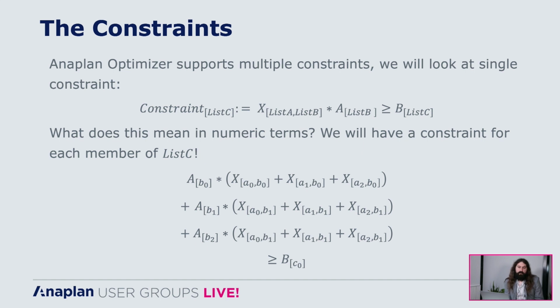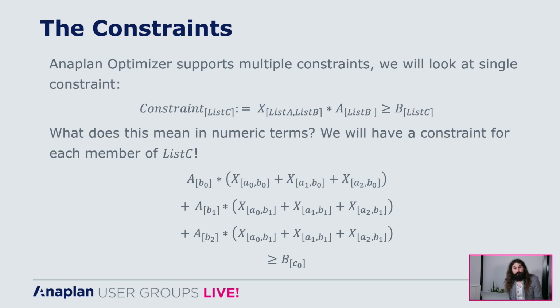So when you take your constraint and you dimension it by a list C in this case, what that tells Optimizer is to create a separate constraint for each item in list C. So this constraint will actually be 3 constraints, one for C0, one for C1, and one for C2. Now for each of those, we then evaluate at that list C term the rest of the formula. So in this case, we can see B is dimensioned on list C, but the other 2 terms are independent.